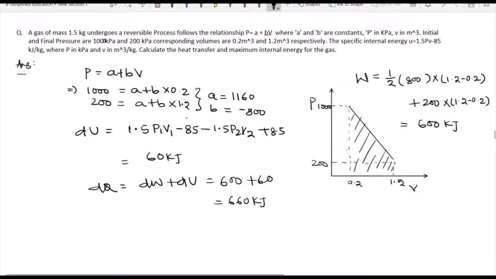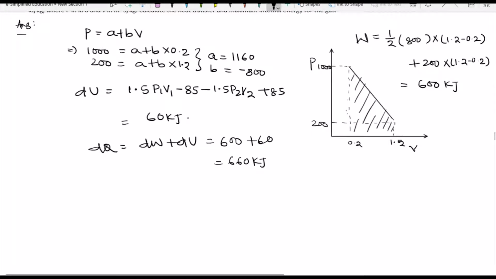Next, coming to the maximum internal energy, I am giving a hint for that. For the maximum internal energy, du by dv should be equal to 0. For du by dv equal to 0, in that case u will be u max.